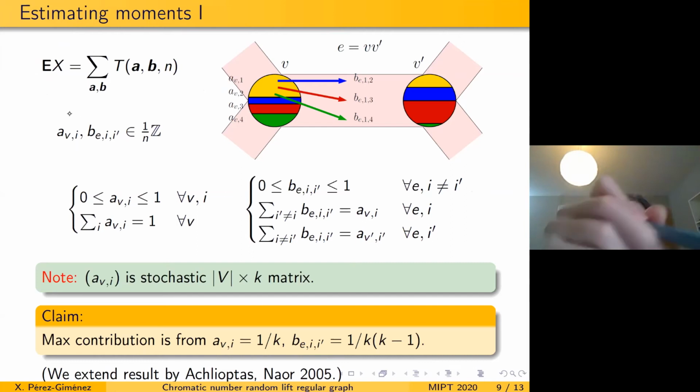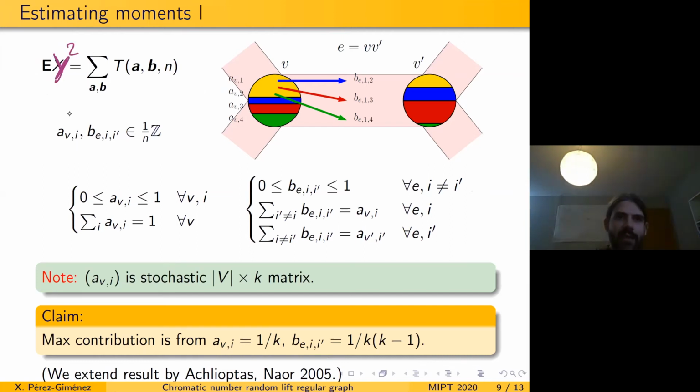So you do something similar when computing the second moment of strongly equitable colors, but for each bin you need to keep track also. You have a doubly stochastic matrix for each bin that tells you how many vertices are of one color and how many are of the other, but now both rows and columns add up to the same value, 1 over k, or you can normalize things to 1.